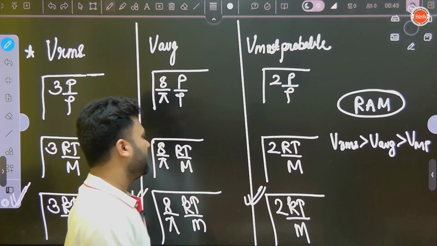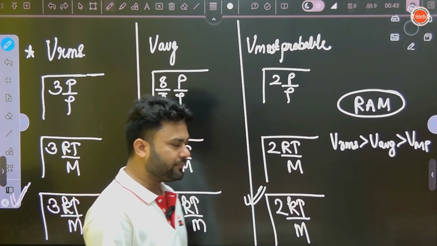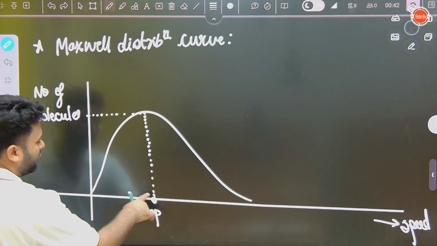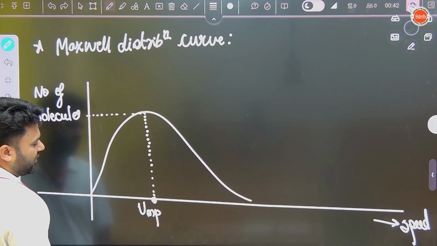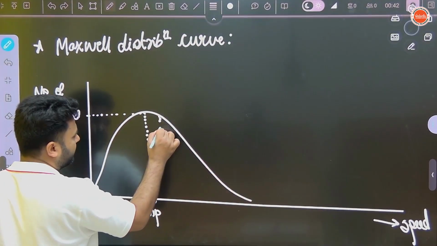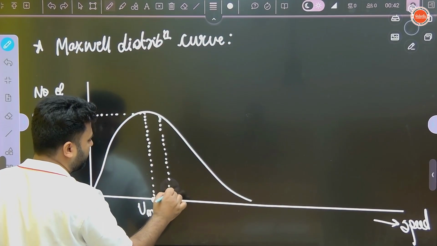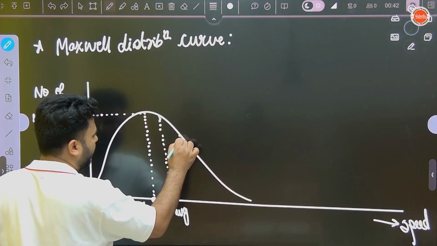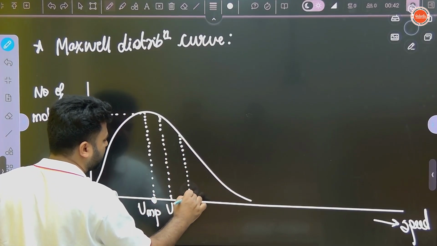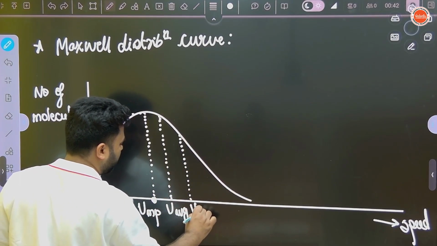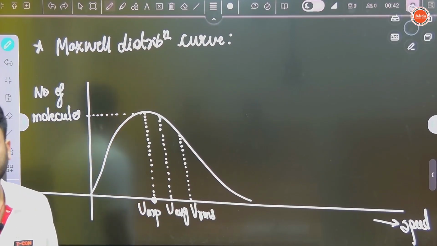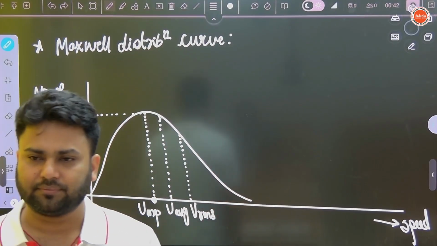Correct? RAM, RAM. So V most probable is here. What I said, average speed is a little more than most probable. So this will be V average. And RMS speed is maximum. So this speed will be V RMS. Correct.